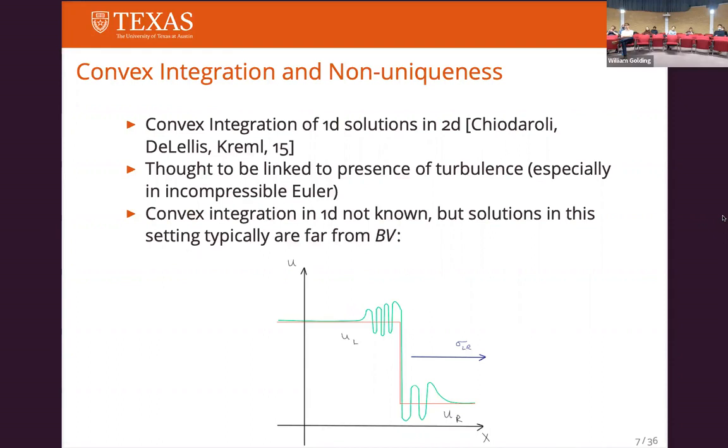But as I get to the shock front, I get order 1 oscillations that are really high frequency. I need to have UL on the left here and UR on the right, but the sense in which they're obtained is very weak, because I have really high oscillations and they're averaging out to give me the right state.